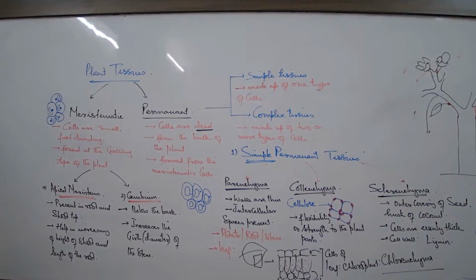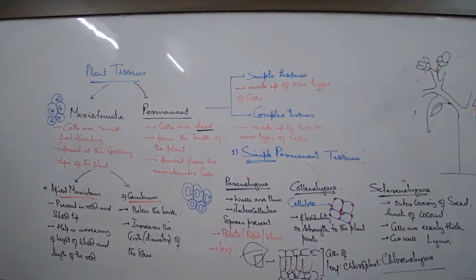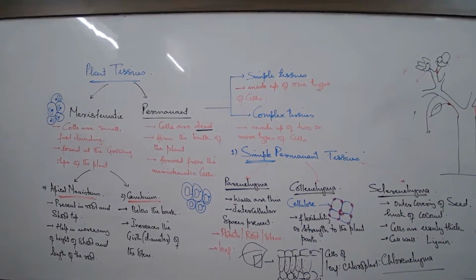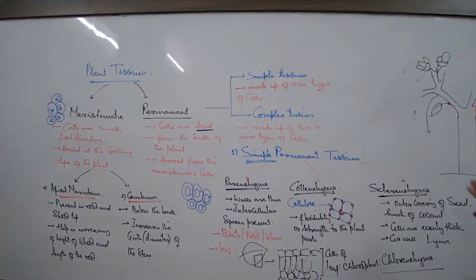So this is what about the simple permanent tissues that I have been talking about. What are the simple permanent tissues made up of? Only one type of cell. Whether I talk about parenchyma, or collenchyma, or sclerenchyma. Take down this flowchart.